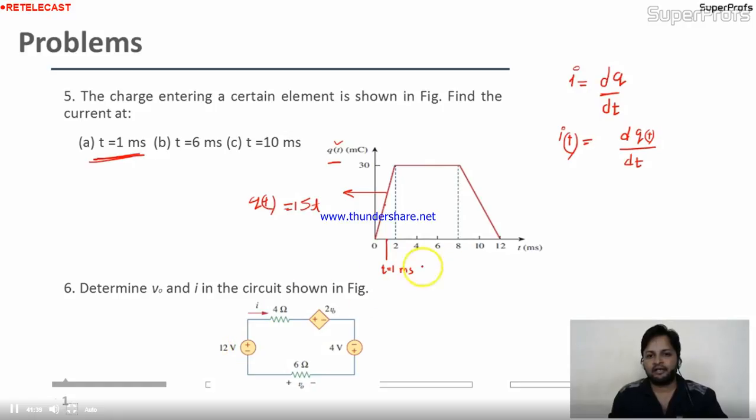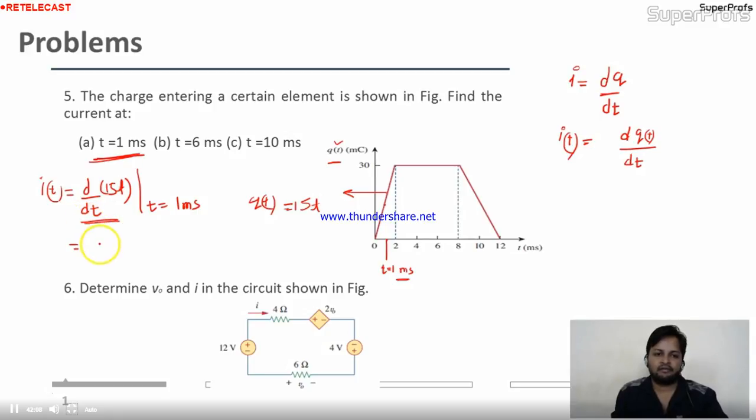So at 1 millisecond, the charge is 15t. So the current will be d by dt of 15t, calculated at t equal to 1 millisecond. When you differentiate 15t with respect to t, you get 15. This 15 is the value of current at t equal to 1 millisecond. And the unit of i(t) is ampere. Is it okay to you?